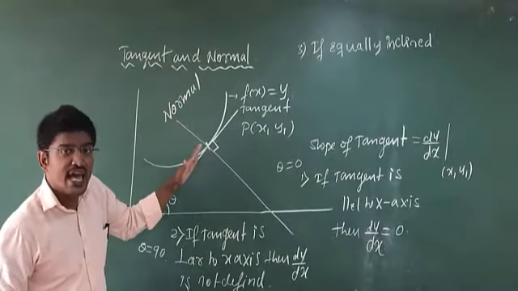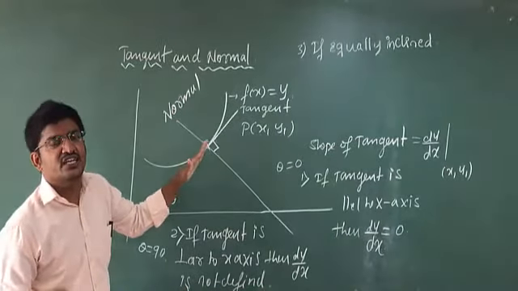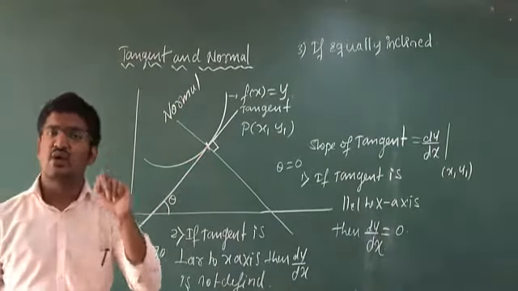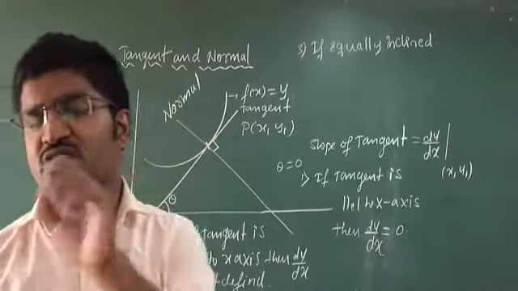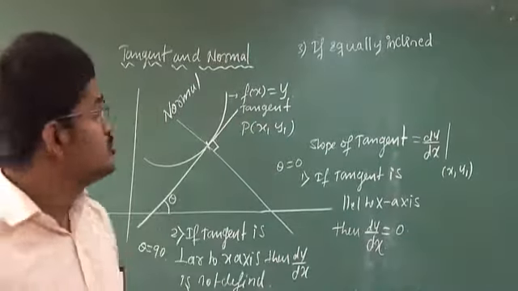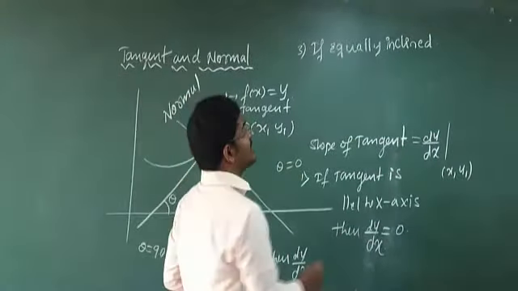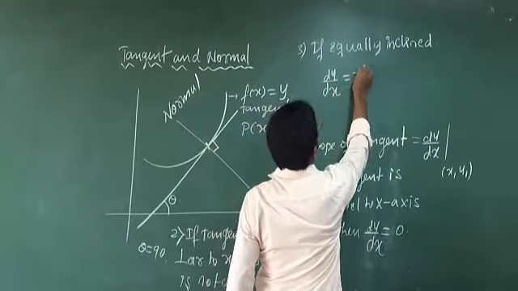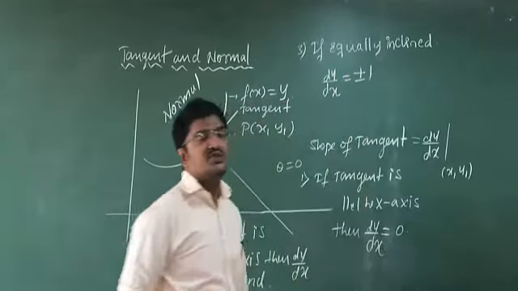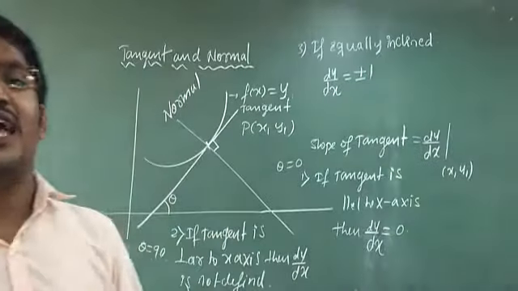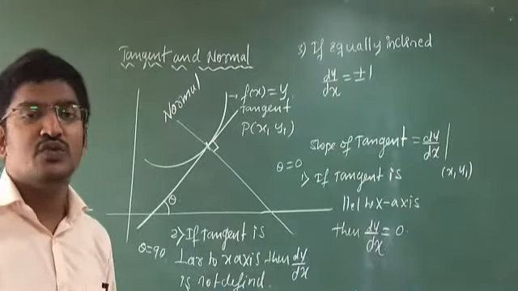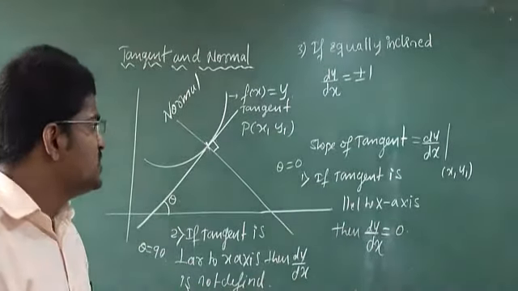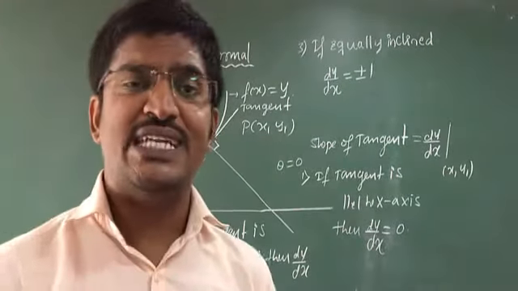If at an acute angle it is equally inclined, it is 45 degrees. At an obtuse angle, if it is equally inclined, it will be 135 degrees. Clear? So if it is equally inclined, dy by dx will be equal to plus or minus 1. That means the slope of the tangent will be plus or minus 1. So these are the three very important points.